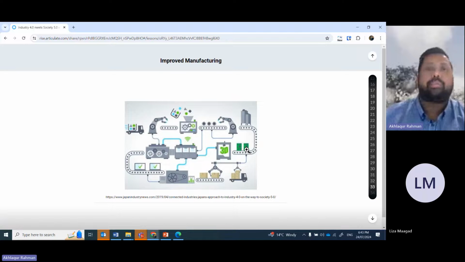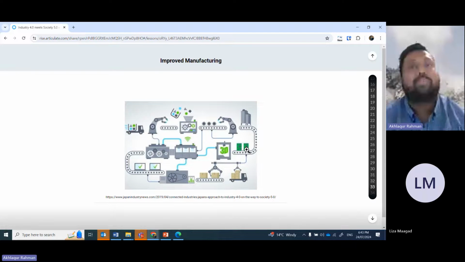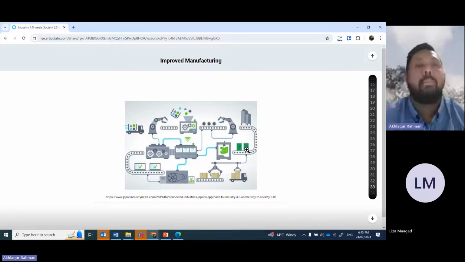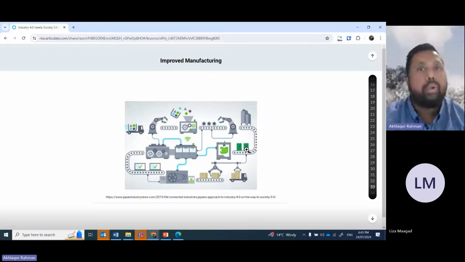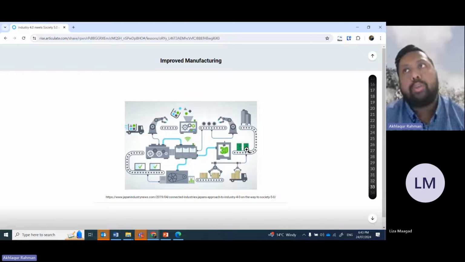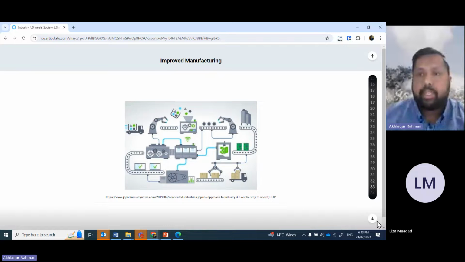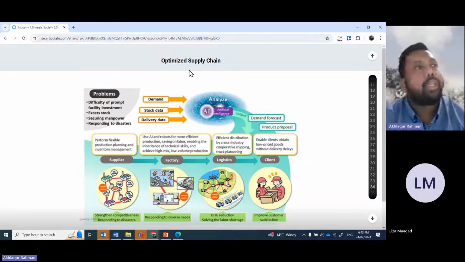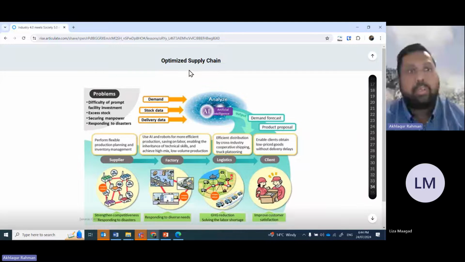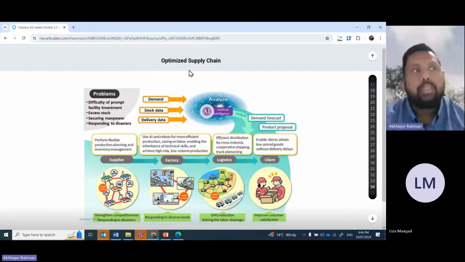Similarly with manufacturing, as I mentioned already with Industry 4.0, manufacturing is already becoming much more flexible, with each layer of production becoming more flexible and customizable. But it can become more so when you think about the future, which is my next topic, supply chain operation. In the current way, once you prepare a product and give it to the client, your job is done.